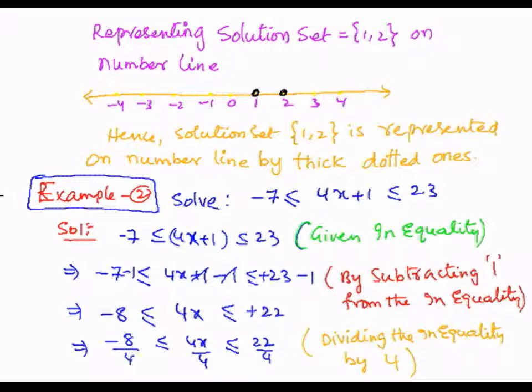Then, further simplification: 4 and 4 get cancelled, 4 ones and 4 ones. We can cancel here 4 twos, and 2 twos and 2 elevens, that is 11 by 2. In this manner, I got -2 less than or equal to x less than or equal to 11 divided by 2.